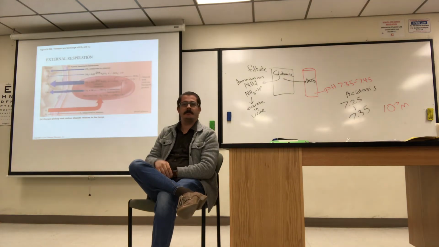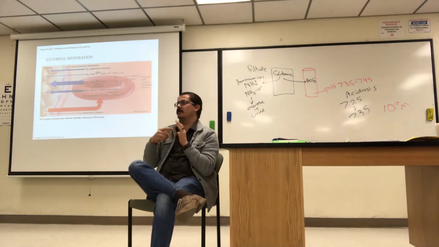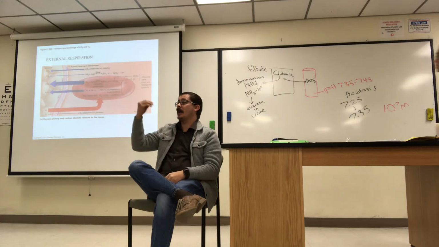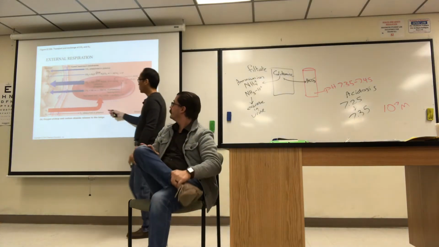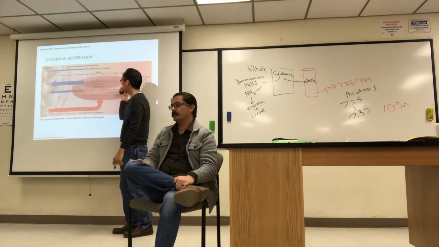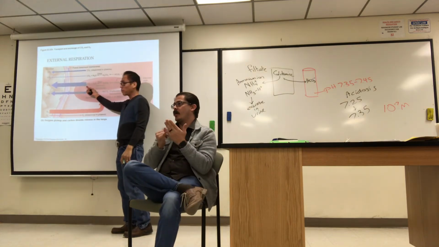The last thing I'll mention as an example is in the lungs. It's called external respiration. But look at this equation on the top there. There's CO2 there. Okay, so I'm going to draw this equation right there in reverse. It's kind of going that way.